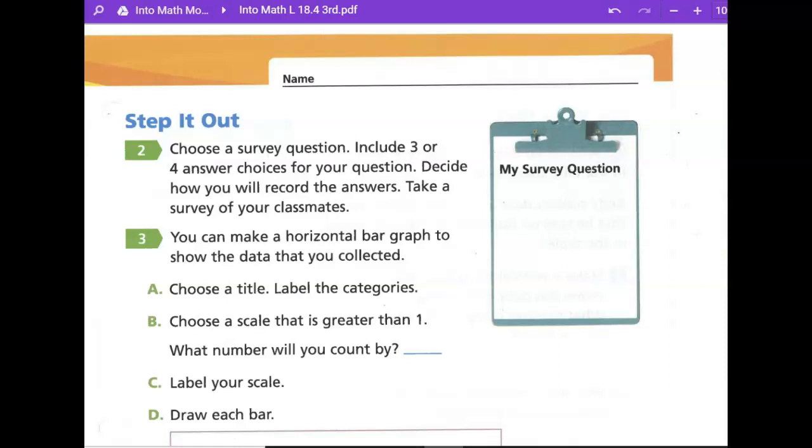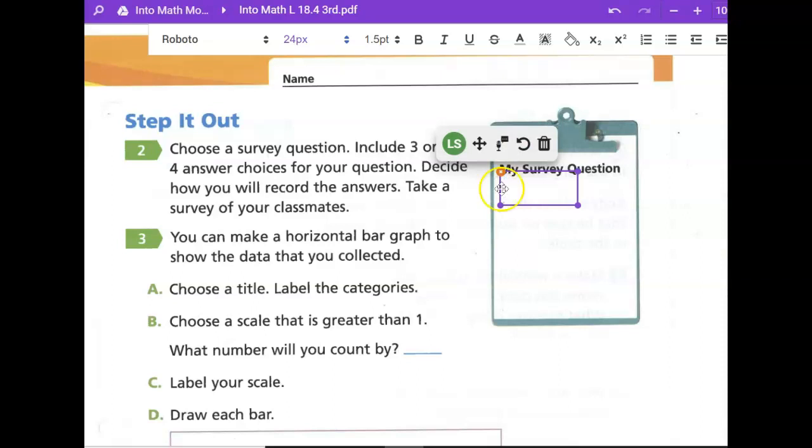Okay, so on 471, which is the front of your second page, it says choose a survey question, include 3 or 4 answer choices for your question. Decide how you will record the answers. Take a survey for your class. So I'm going to just go ahead, since I'm doing this on my own, and write a survey question.